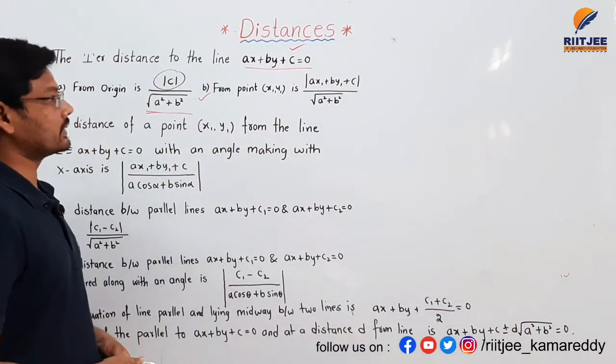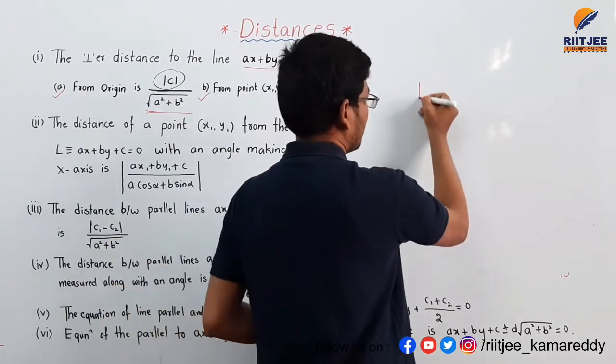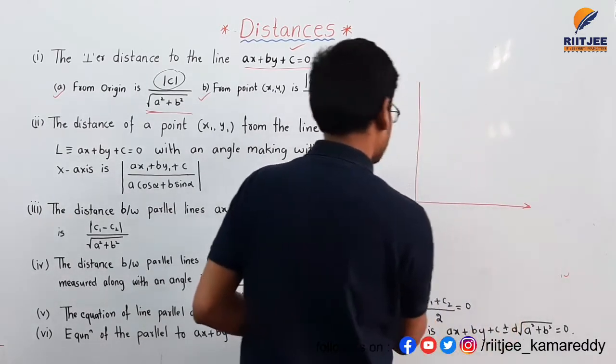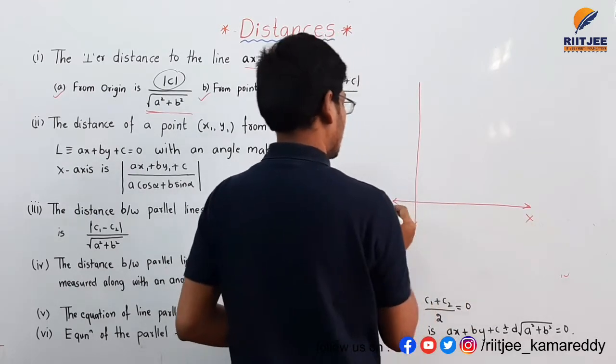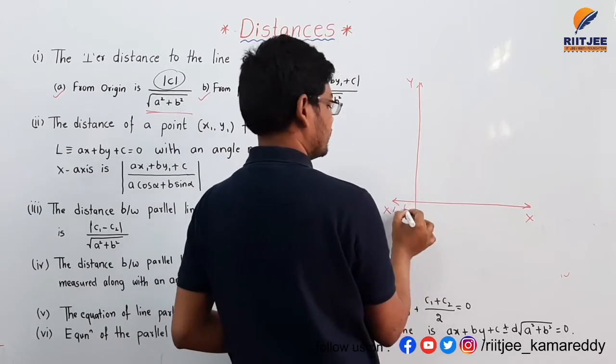The next type is from a point. If you want to find the perpendicular distance from a point, I am taking the coordinate axes again, x dash, y dash. This is the origin.